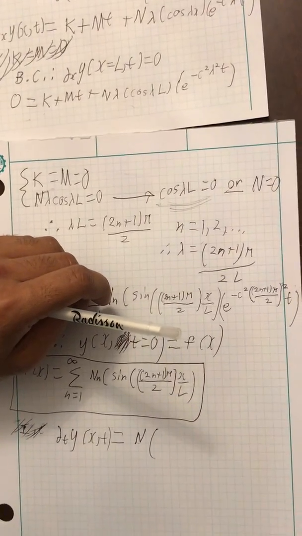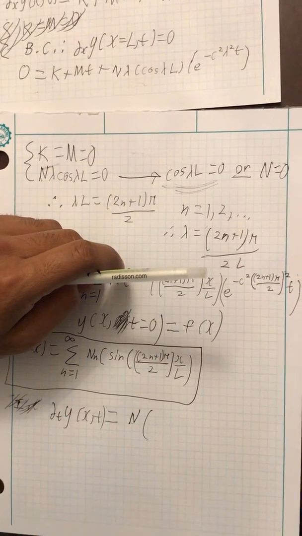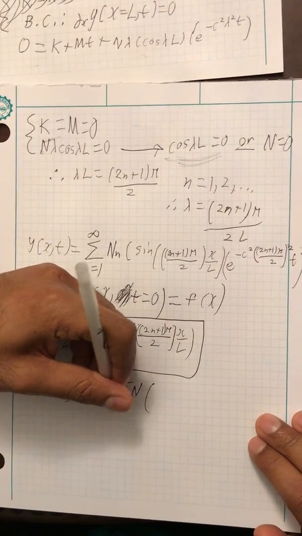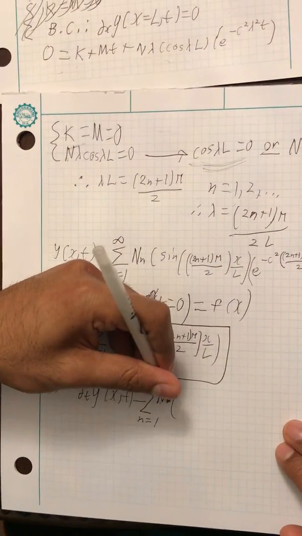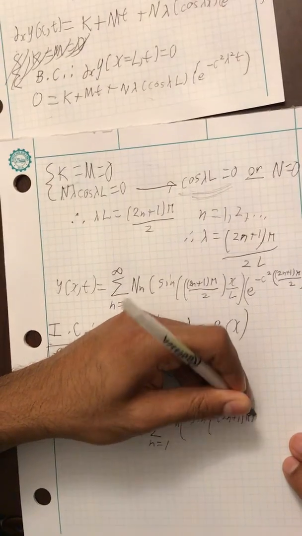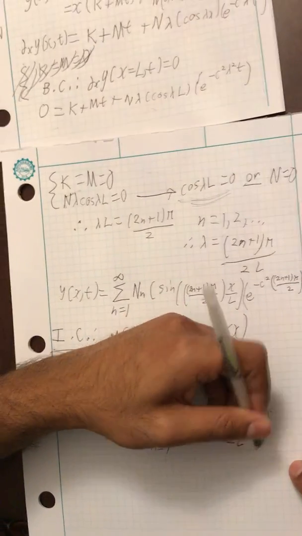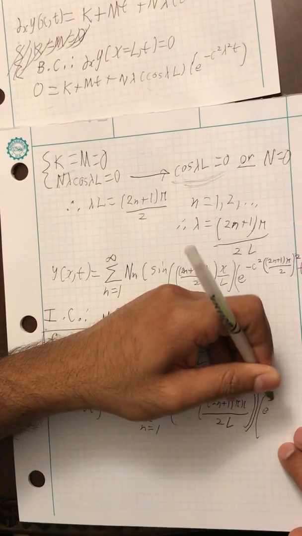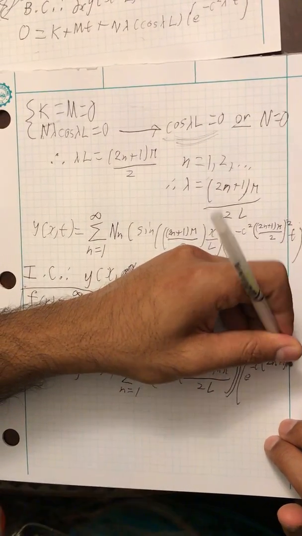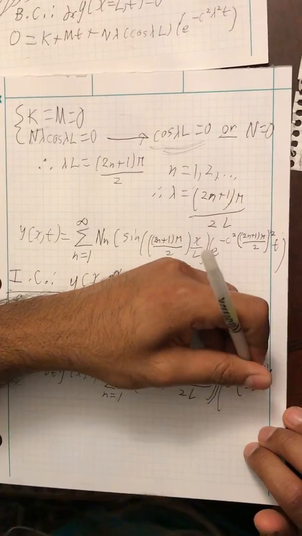So essentially what we have to do here now is write the sum from n equals 1 to infinity of b_n sine of (2n plus 1) times pi x over 2L, times e to the power of negative c squared (2n plus 1) times pi over 2L.